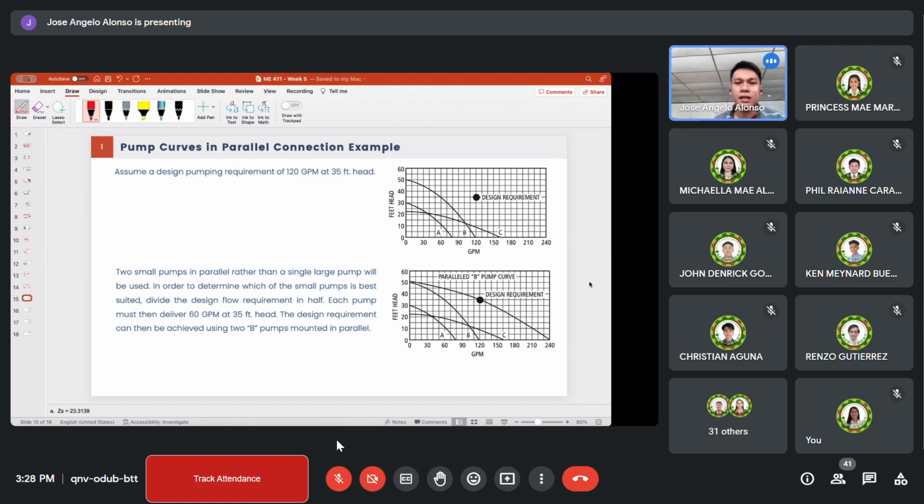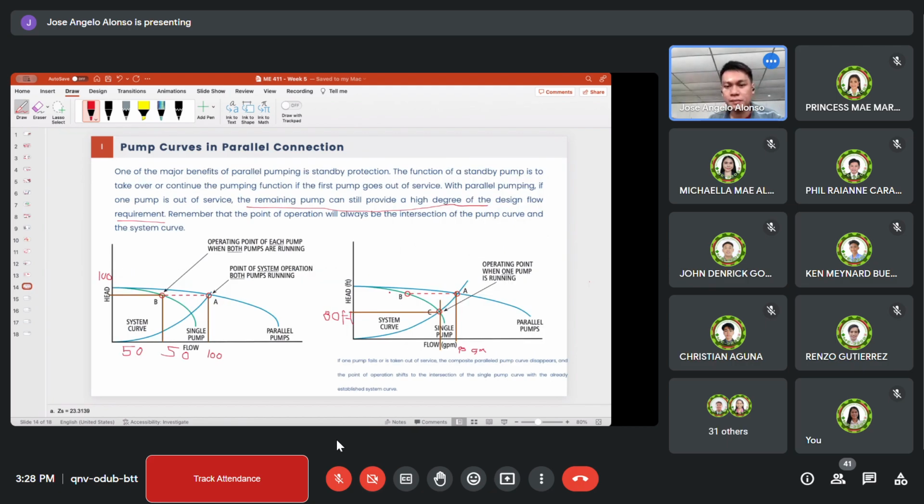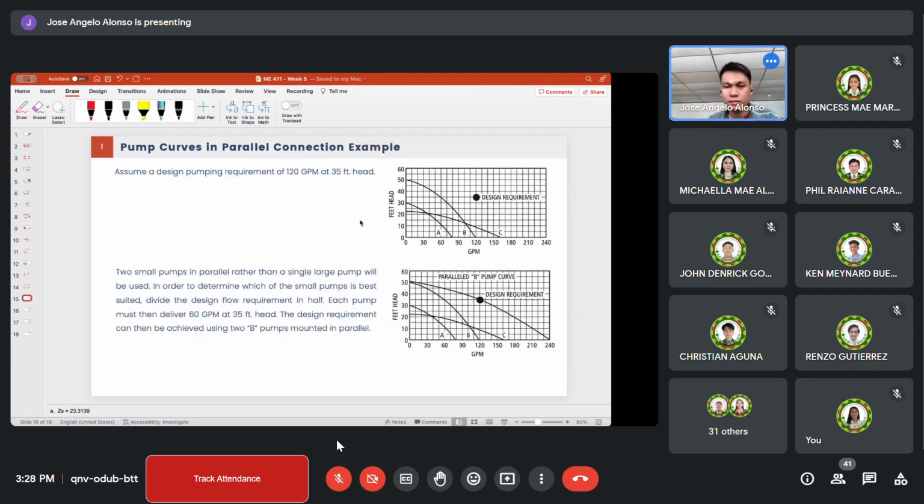So, let's explain it better using examples here. Assume a design pumping requirement of 120 GPM at 35 feet of head.